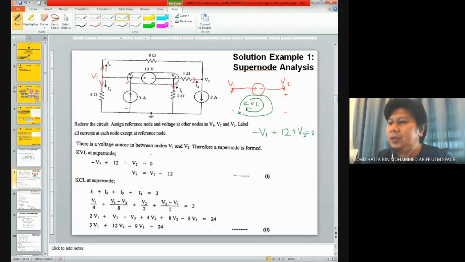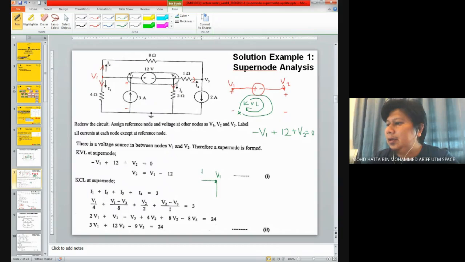And also we need to find Kirchhoff's current law at the supernode. If you look at the equation here, I have I1 plus I2 plus I3 plus I4 equals 3. Basically, what's going on over here is, this is considered as V1.